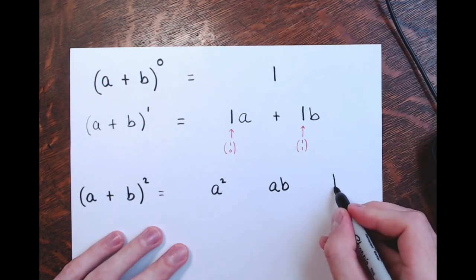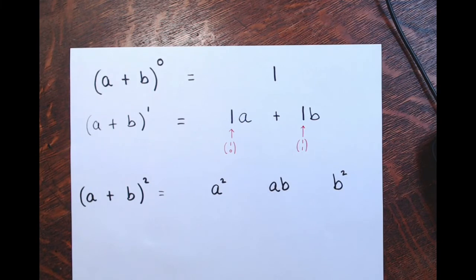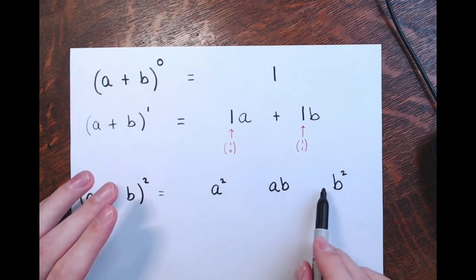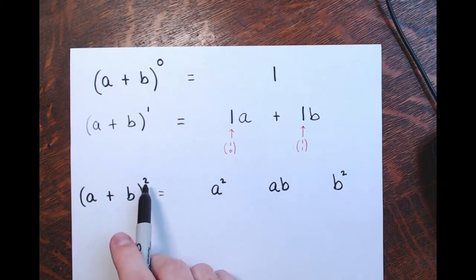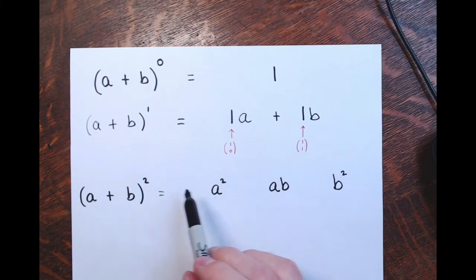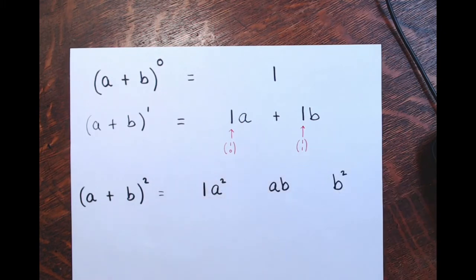Or I could have two B's, BB, that corresponds to B squared. And then again, the coefficients of these are just how many strings like that can you form of length 2 with the letters A and B. So how many strings of length 2 can you form with two A's? Right, AA. Well, just one of them.